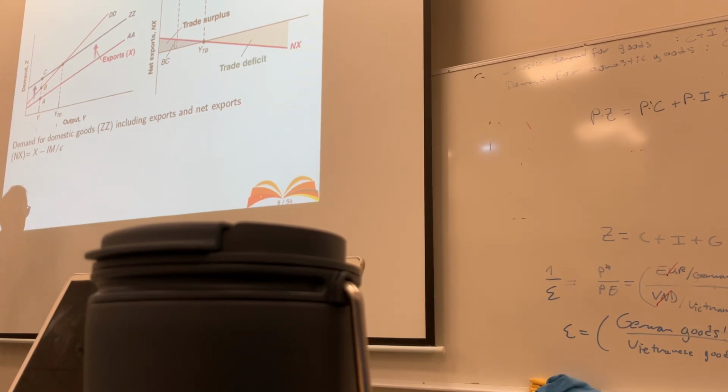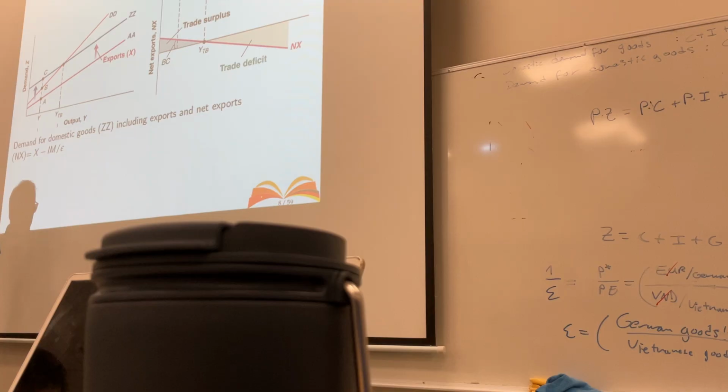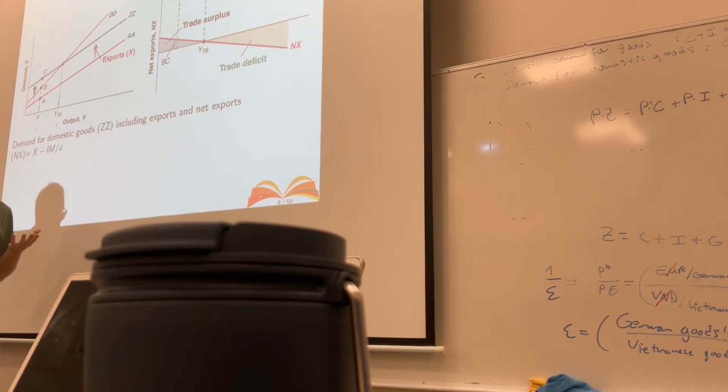We had balanced trade before, and now the only thing we've changed in our trade is that we're now demanding more Chinese goods. So if our trade was balanced before, now we have a deficit. We've not changed Chinese income. The only thing we've changed is our income. Now we're buying more Chinese goods than we were before.